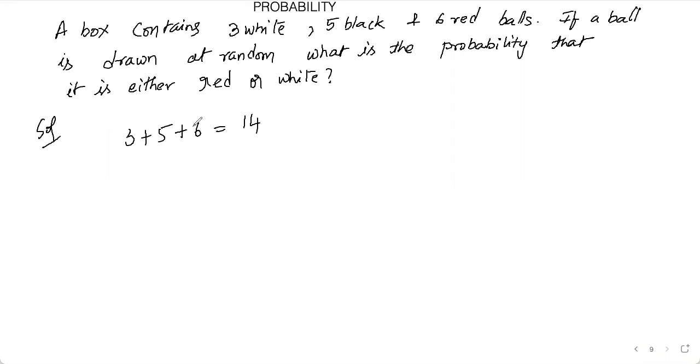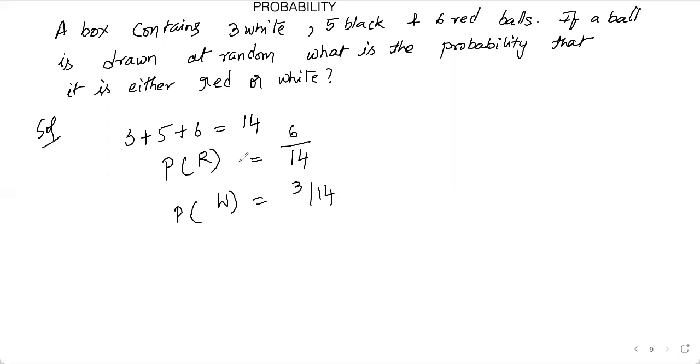Now the probability of getting a red is 6 by 14, and the probability of getting white is 3 by 14.